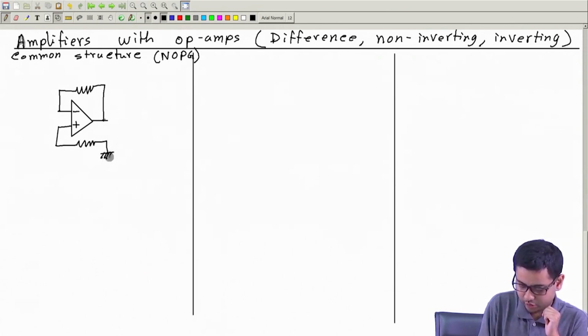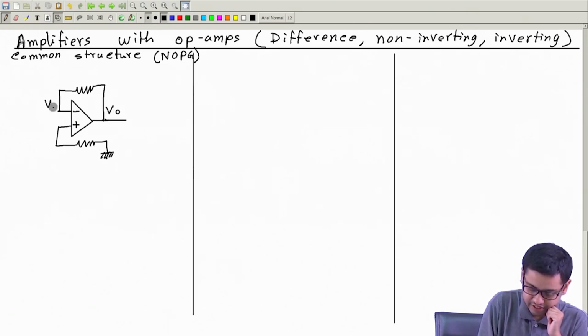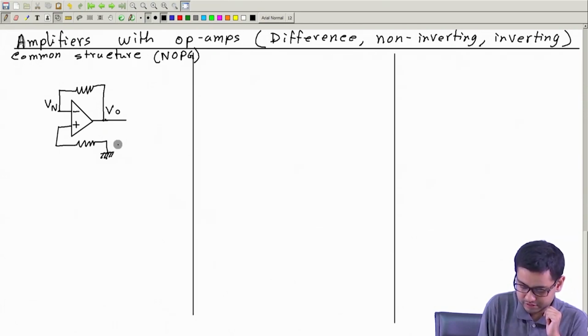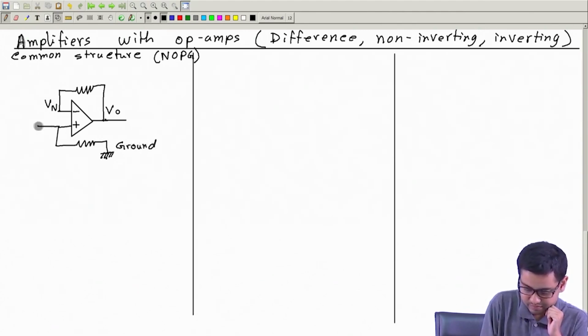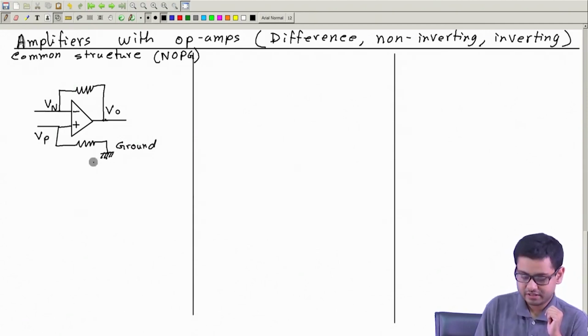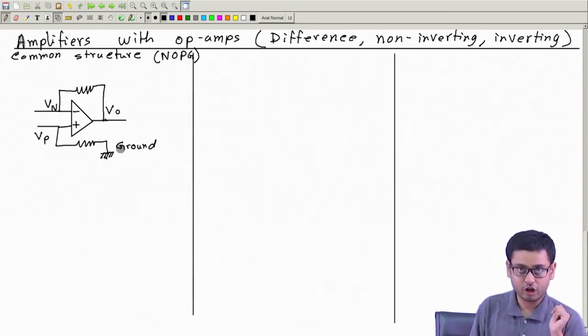Let this be the ground terminal, or reference 0 volt terminal. So this is output VO, this is VN, negative connected to output and positive connected to ground. The rule is NOPG: negative to output, positive to ground. That's all you have to remember.